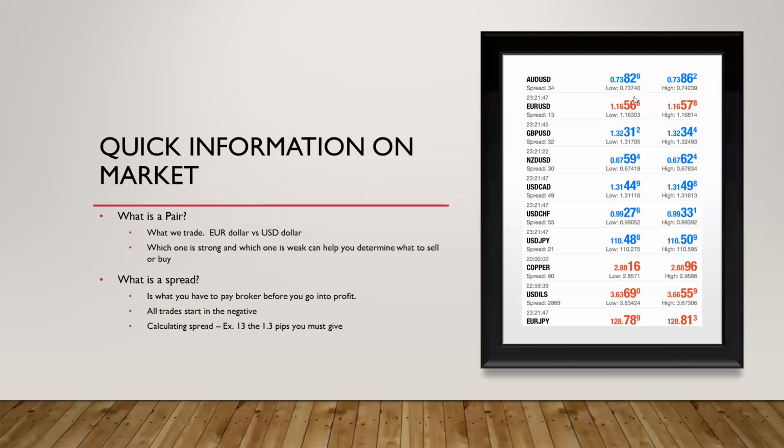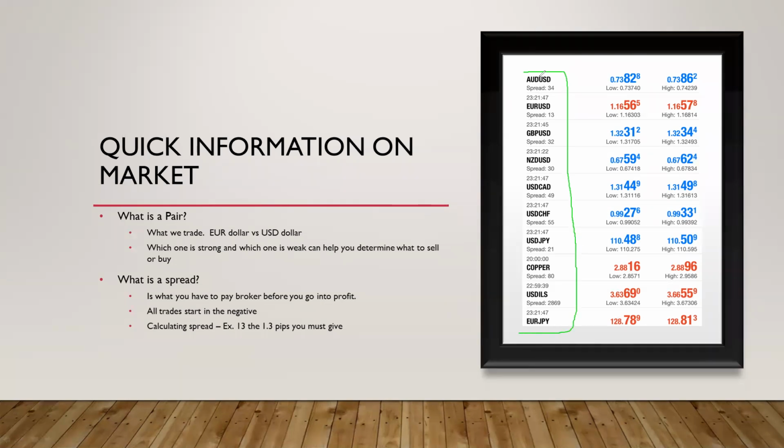Now you see all the pairs over here in this corner. Let me get my pen so that I could draw on it so that you can see. These are the pairs that we're looking at. These are the pairs that we're trading.